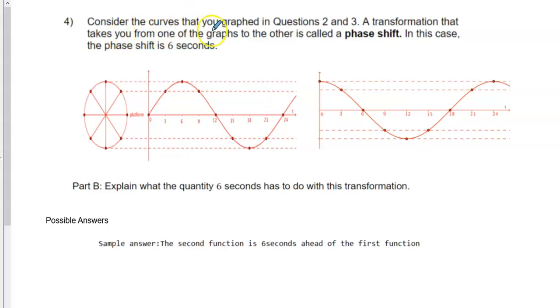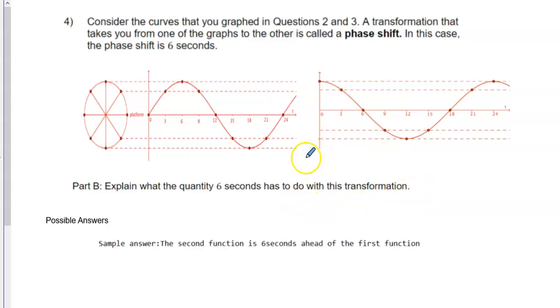Now consider the curves that you've graphed in question 2 and 3. A transformation that takes you from one of the graphs to the other is called a phase shift. In this case, the phase shift is 6 seconds. Explain what the quantity 6 seconds has to do with this transformation.